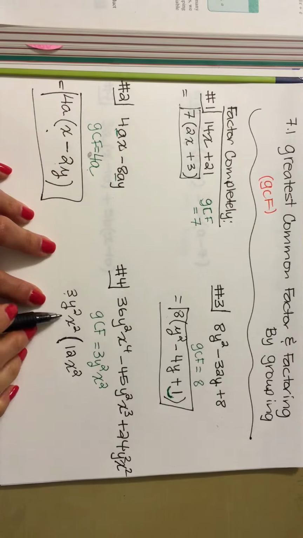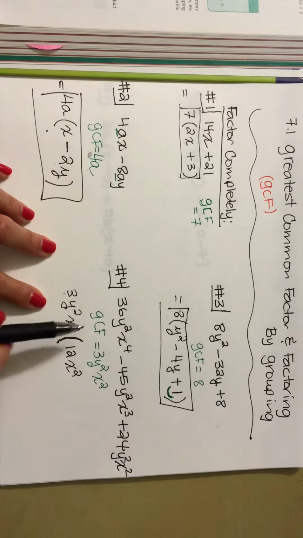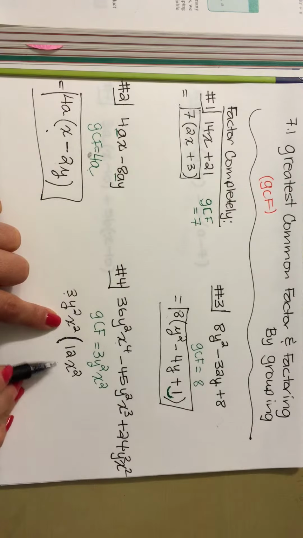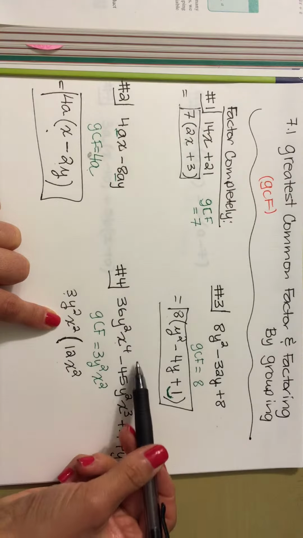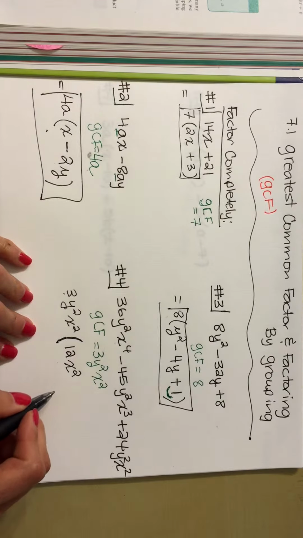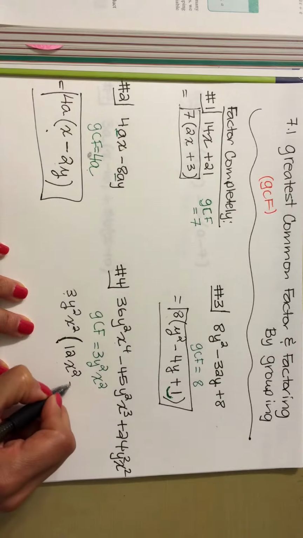Remember, when I multiply these two, I have to get back to 36 y squared x to the fourth. In terms of x squared times x squared, the rule is that you add the exponents. So 2 plus 2 has to get me back to 4, which it does. Okay, so you can always check by adding the exponents.